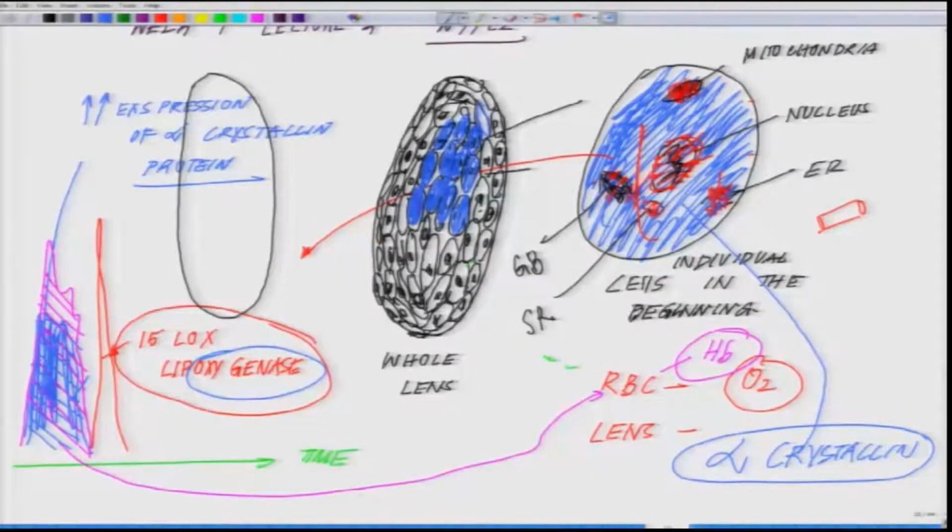Almost it looks like there is a sac filled with alpha crystalline proteins, and a very similar scenario happens in the case of hemoglobin, in RBCs, where a sac is filled with hemoglobin. But now the fact is these are individual cells. You can keep on filling it. So this is how the lens becomes a structure made up of cells that lose all their organelles.